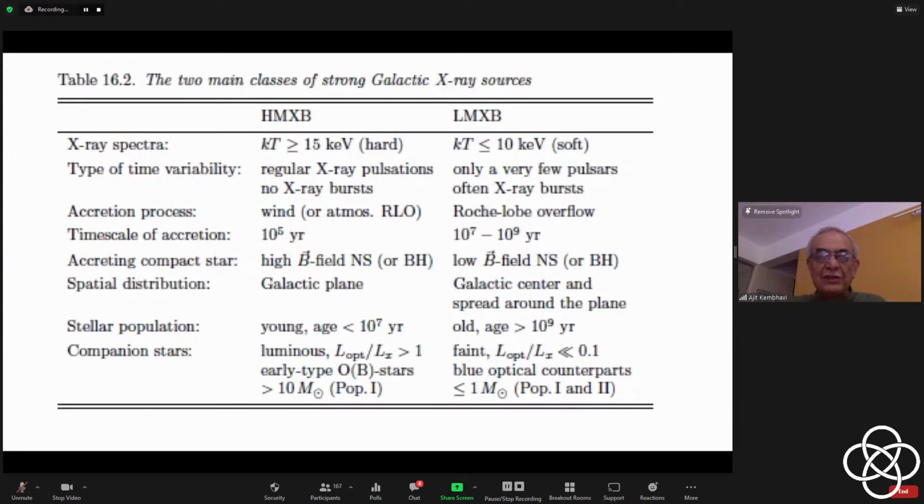And when it hits the surface, it suddenly gets heated, just like a ball thrown onto the Earth's surface bangs into the Earth. So the matter gets heated and then you get what are known as X-ray bursts. And so if you find X-ray bursts coming from the binary system, then you know that it is a neutron star and not a black hole.